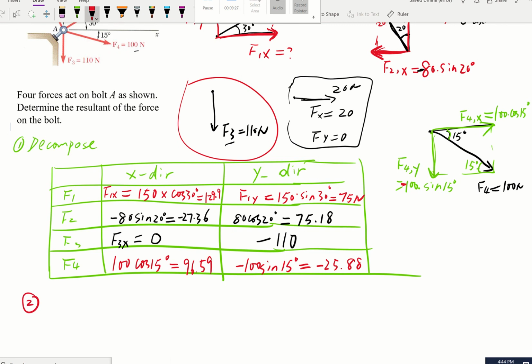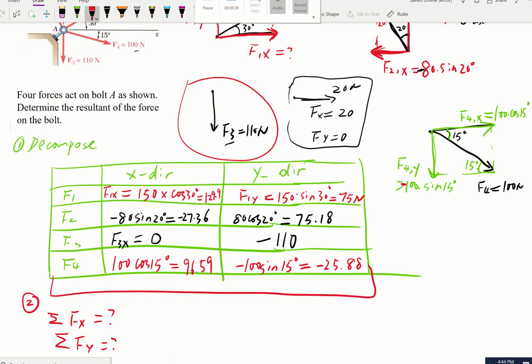We're going to add all of those together, sum all the x, and also sum all the y together. In order to do that, I would like to add another row in my table, and I'm going to say this is my summation row. This is all the x components, all this left column, and I'm just going to add them all together.